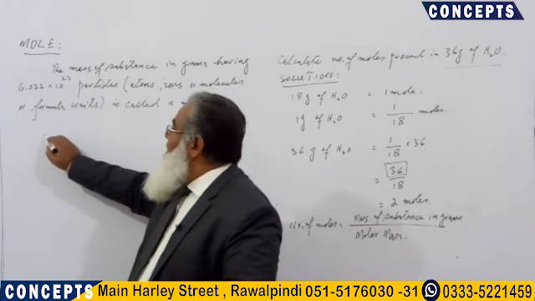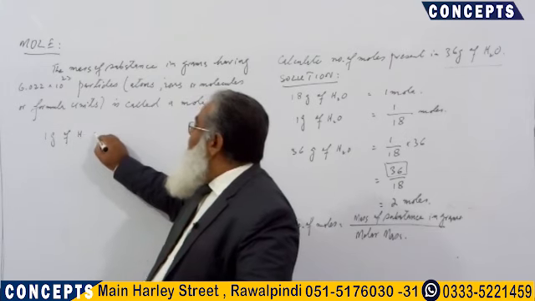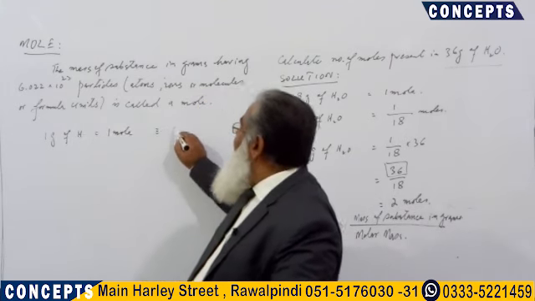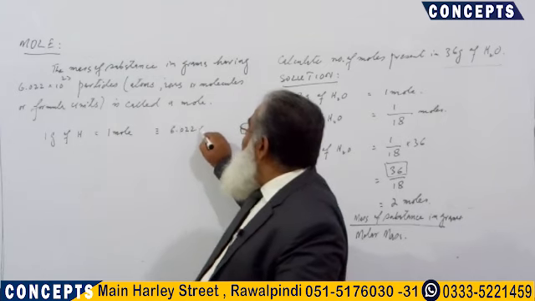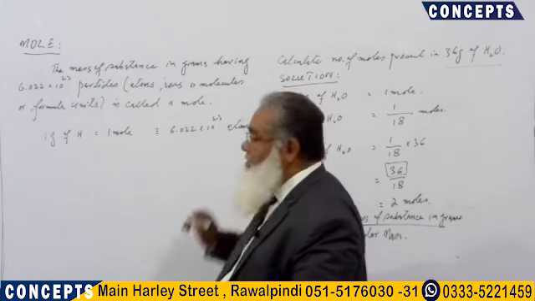Now, 1 gram of hydrogen is equal to 1 mole and will have 6.022 × 10 raised to power 23 atoms.